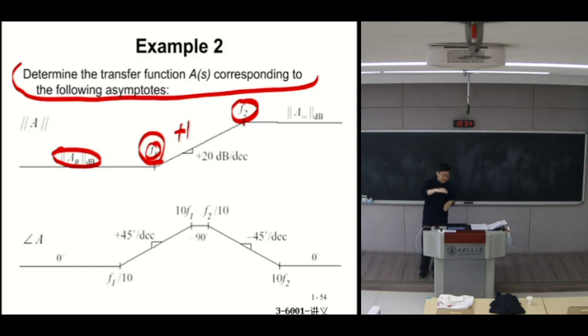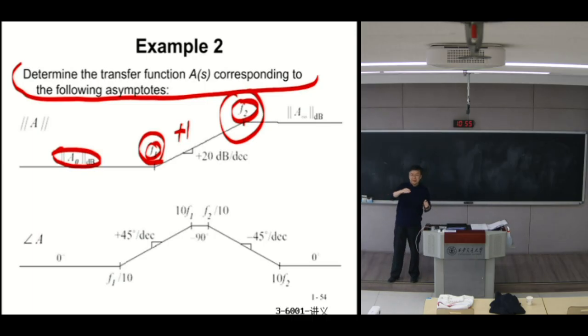That means at this position, there is another transfer function which looks like this. At low frequency, it is flat. It does not affect the slope. But at high frequency, when you come to be much higher than f2, it gives you decreasing slope, so that the overall slope is changing back to flat.